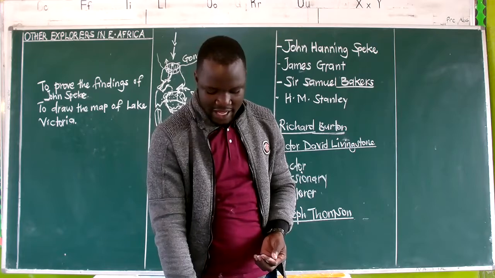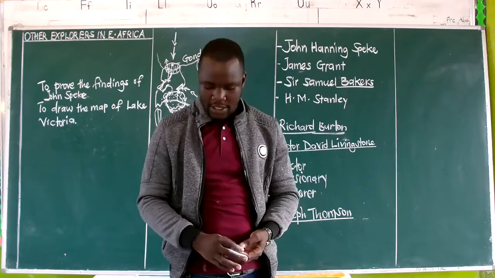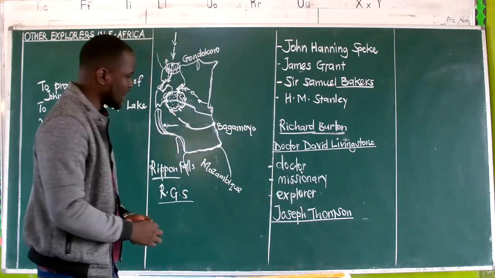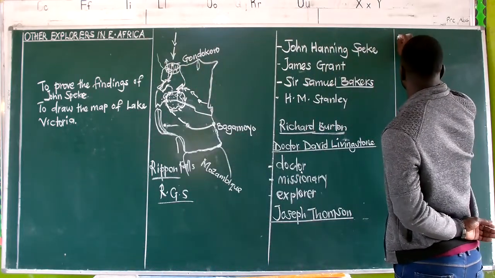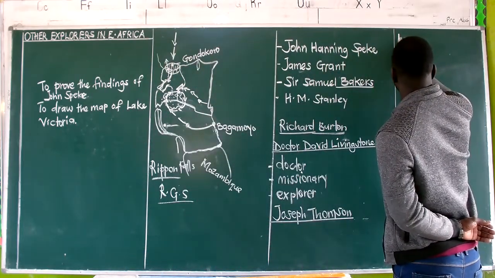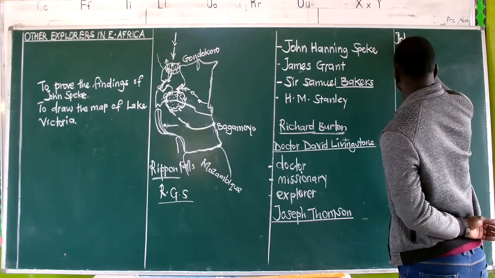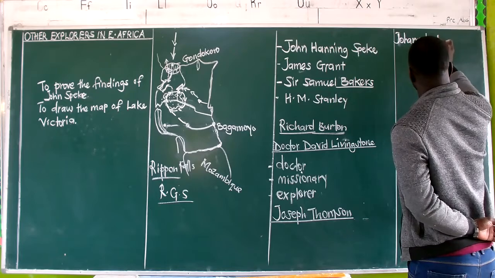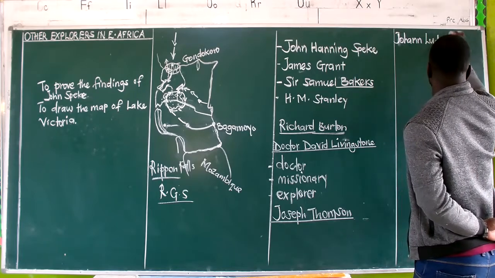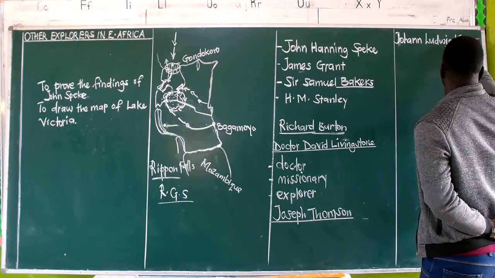Then the other name we have is Ludwig Krapf. We are going to make a correction, there is one letter missing on that name. Ludwig Krapf also has a name, Johann Ludwig Krapf.